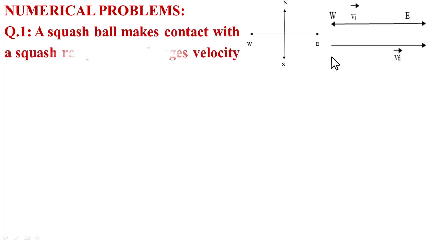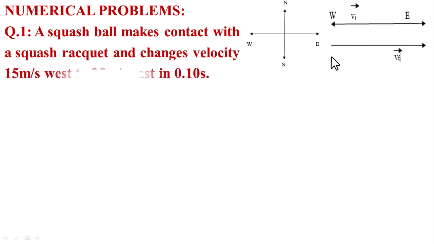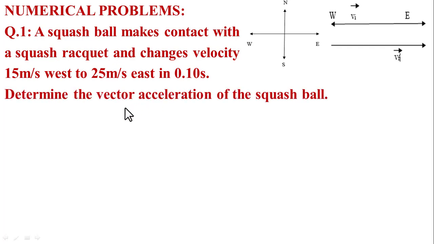Now we will consider a ball whose velocity changes from 15 meter per second west to 25 meter per second east in 0.10 second. Now we will determine the vector acceleration of the ball.